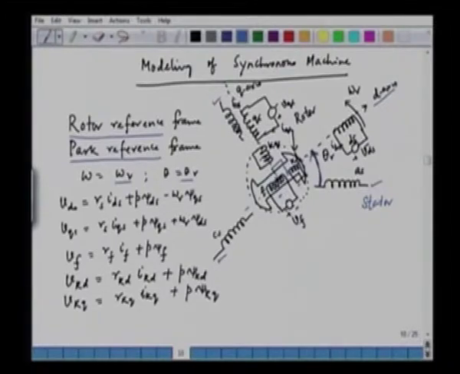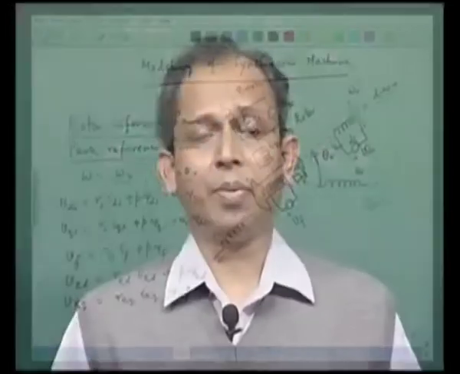When the reference frame is attached to the rotor, it rotates with the rotor, and hence the rotationally induced EMF will appear in the stator. The stator DQ windings will have the rotationally induced EMF.